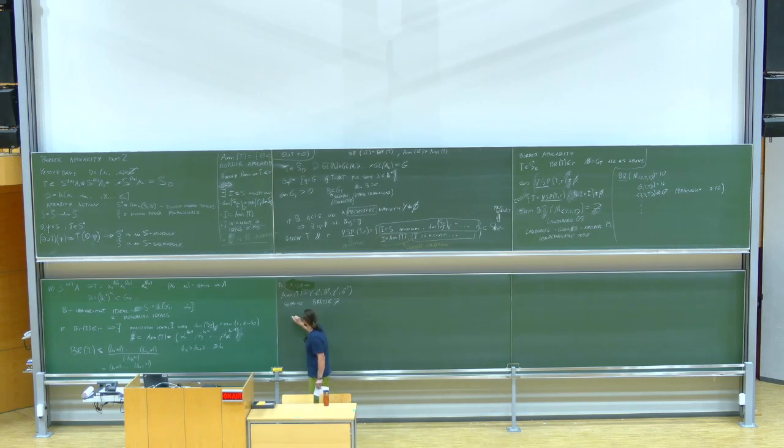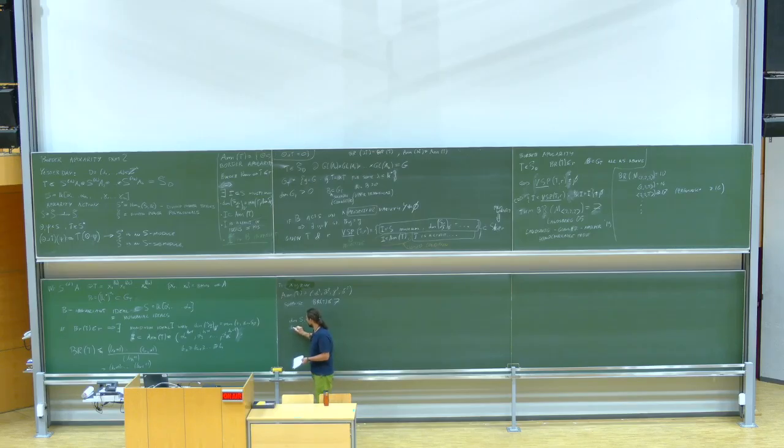And then I have some dimensions to write out. I have the dimension of S_i. So this is a polynomial ring in 4 variables, and I want to write down the dimension of its ith degree.